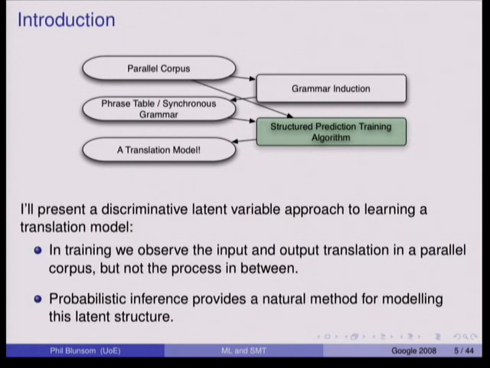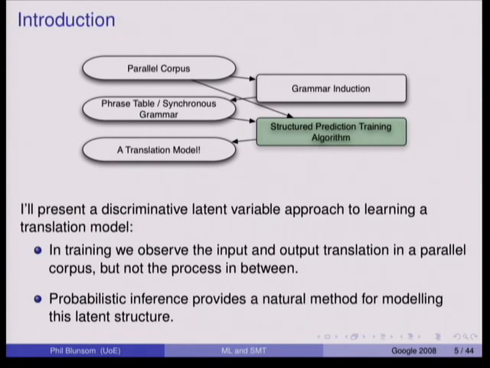This is a difficult machine learning task. It falls under the heading of structured prediction, structured classification, and that's something that's quite popular at the moment in machine learning. But our current models are limited to quite simple structural tasks like POS tagging and parsing, where the correspondence between the structure and the underlying data is well known and not very ambiguous.